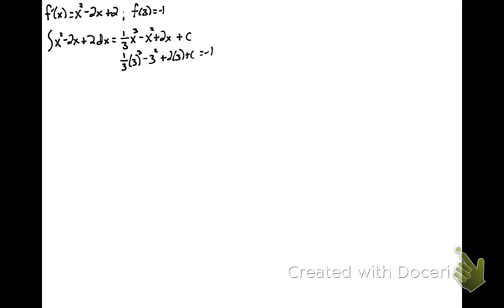So now I can solve for c. 9 minus 9 plus 6 plus c needs to equal negative 1, which means c must equal negative 7. So the solution, f of x, is 1/3 x cubed minus x squared plus 2x minus 7.